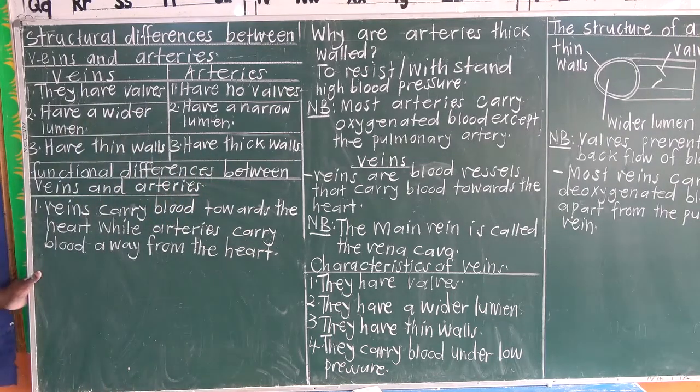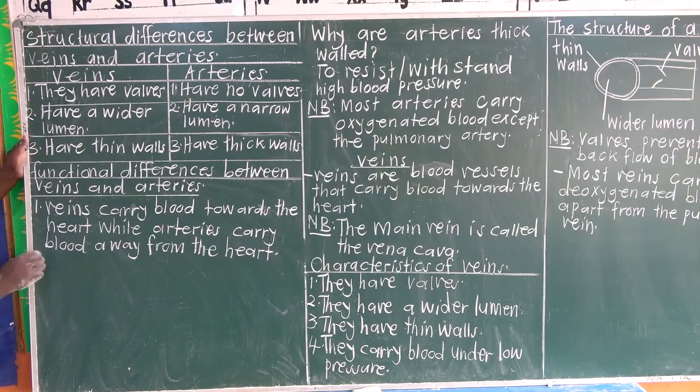So this is the functional difference between veins and arteries. Veins carry blood towards the heart, while arteries carry blood away from the heart.